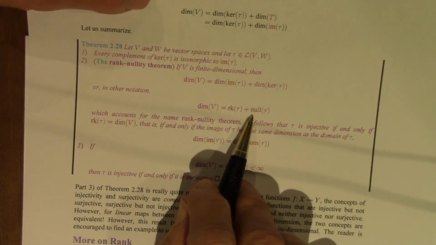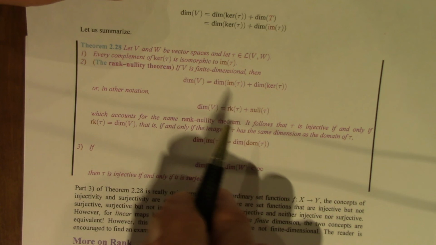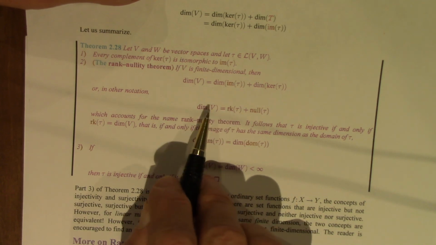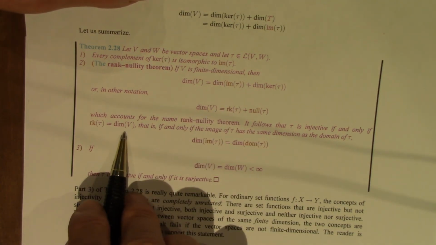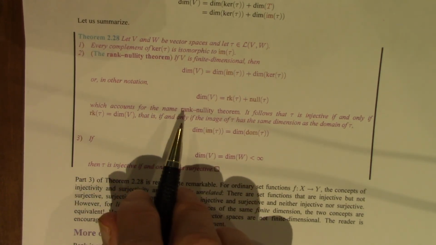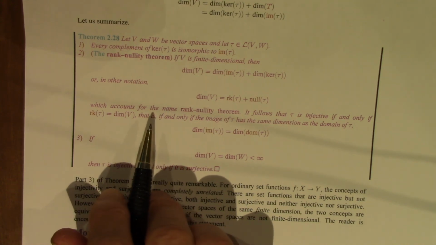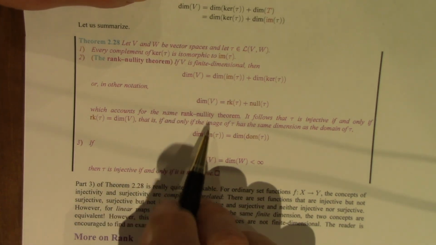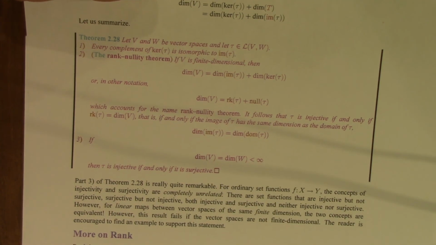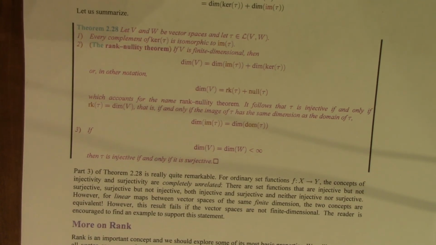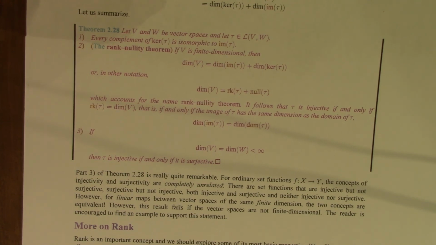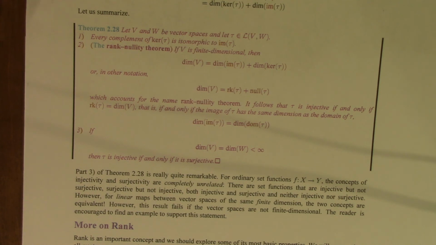It follows from this that tau is injective if and only if the nullity is 0, if and only if the rank of tau is the dimension of V. Or in other words, the image of tau has the same dimension as the domain of tau. So tau is injective if and only if it preserves the dimension. The dimension of the image is the same as the dimension of the domain. No shrinkage of dimension.